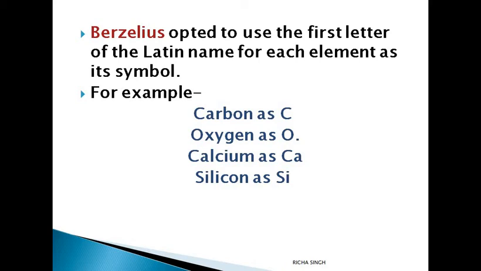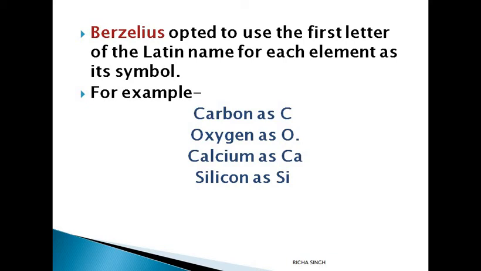Then he also suggested that where the first letter is already adopted, the initial letter in capital together with the second letter of the same element's name in small letter is to be used. Like for calcium, we take Ca because C has already been taken for carbon. So the next letter, a, is written in small.